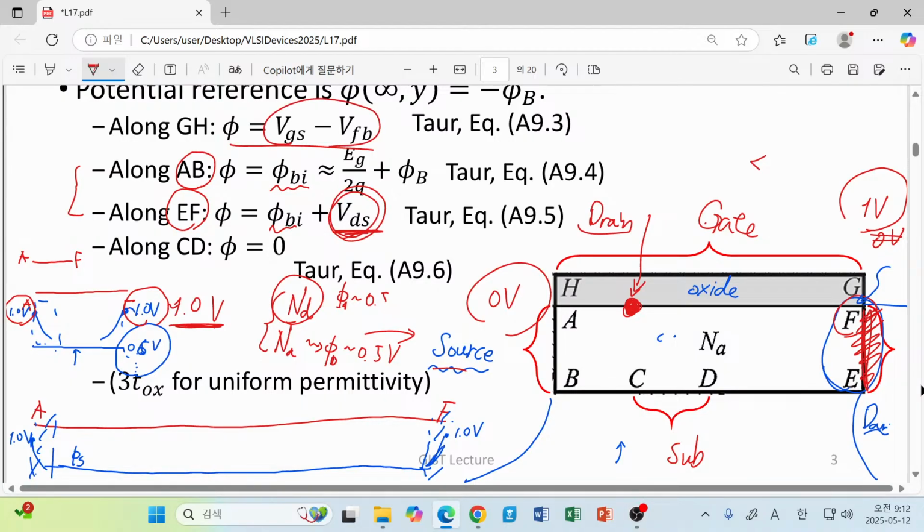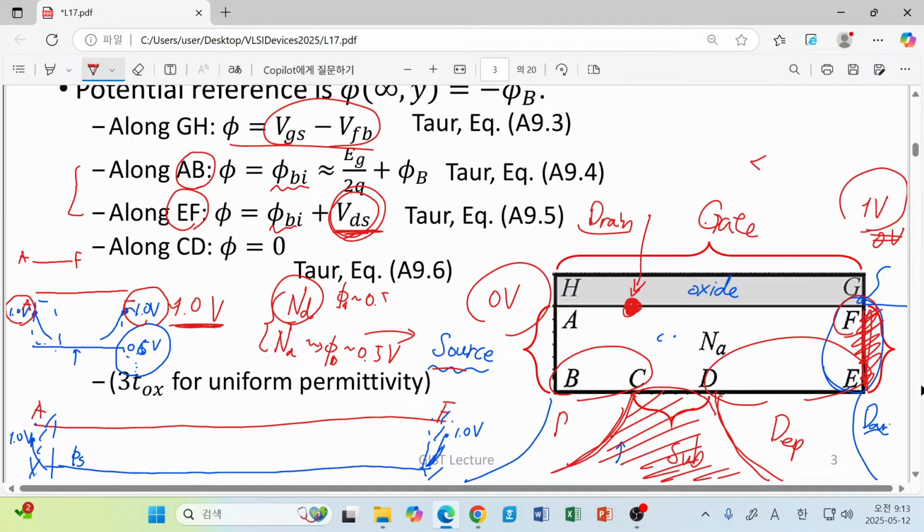And along the CD line, if we say CD is located here, then it means that the maximum depletion is given this way. In between B and C, and D and E, we say this is depleted. And at the end of our previous lecture, we had a short discussion about how we can determine the length of BC and the length of DE. But as I told you before, that is quite a crude approximation.